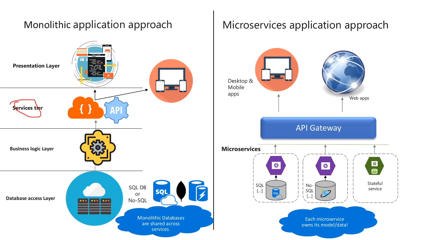It's responsible for handling HTTP requests and responding with either HTML or JSON or XML. And here we talk about a web API too, for example, or web services. We have the business logic layer, and the database access layer that's responsible for accessing the database.